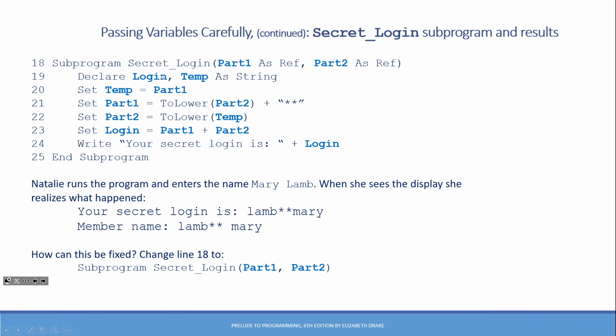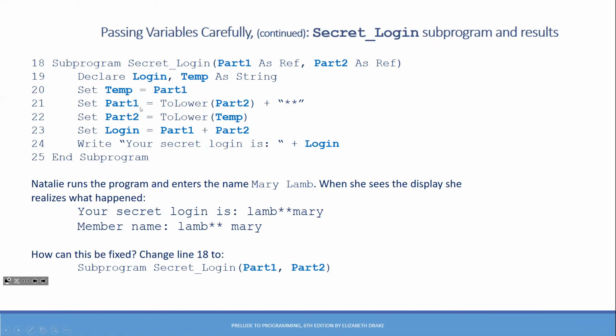She declares a couple of new variables, login and temp. She sets temp to that first name, which was part 1. Then she does a to lower on that, and adds a couple of asterisks. Then she does a to lower on part 2. Well, she sets part 2 basically to the temp variable in lowercase.